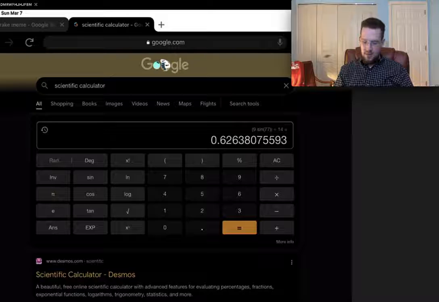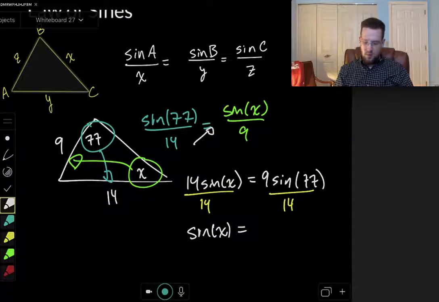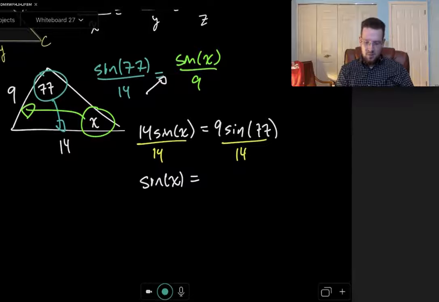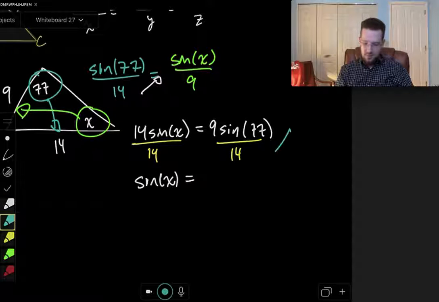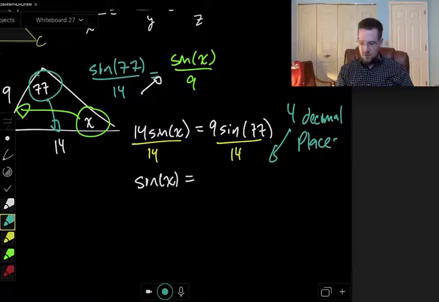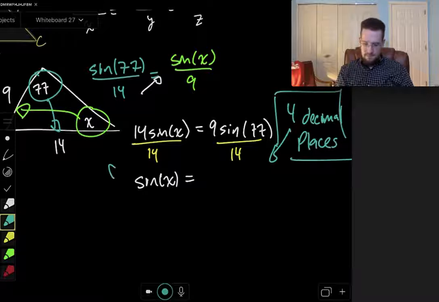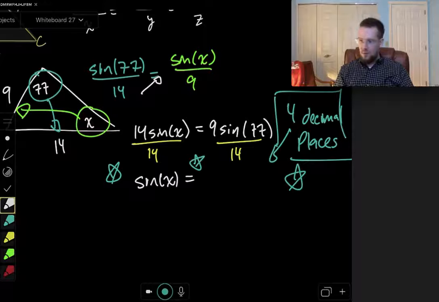Okay, so this is right? Yes. I'm going to take this to 4 decimal places. You're going to want to take this to 4 decimal places, just for this step. So we had 0.6264.